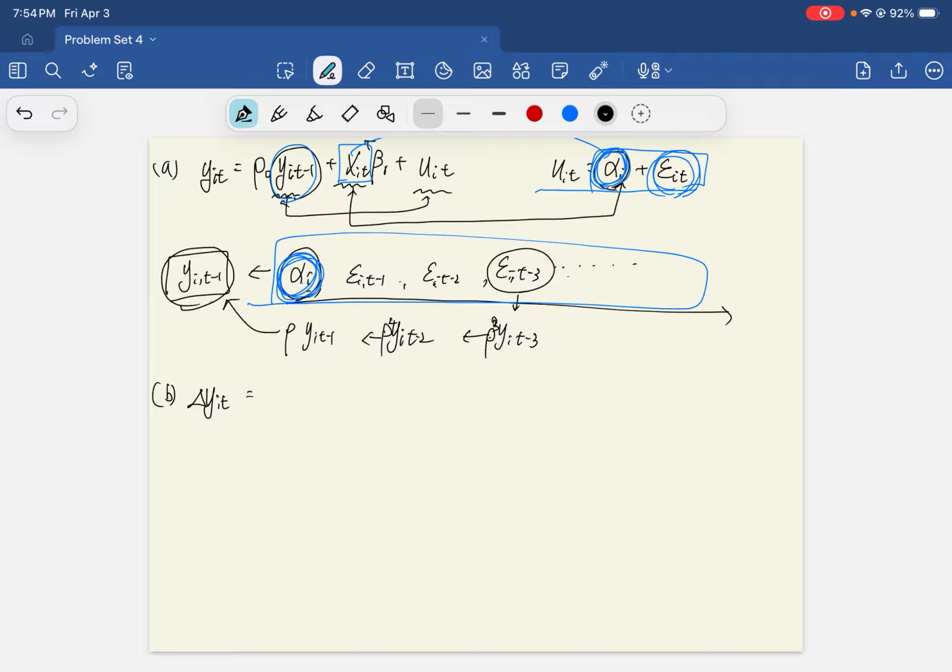If you define delta y_it as y_it minus y_i,t-1, so the difference, how much the GDP increased this year from last year, then you can say y_it equals rho_0 y_i,t-1 plus x_it transpose beta_0 plus u_it, minus rho y_i,t-2 plus x_i,t-1 transpose beta_0 plus u_i,t-1.